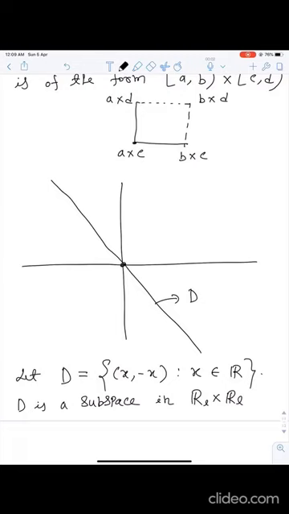It is easy to prove that, because if you take any element, say here, then we can always get this kind of rectangle.